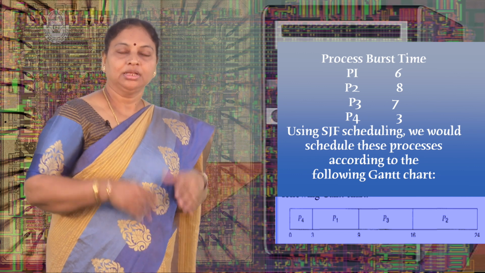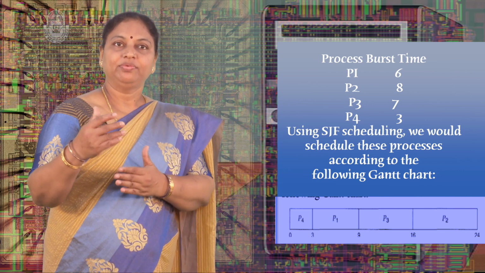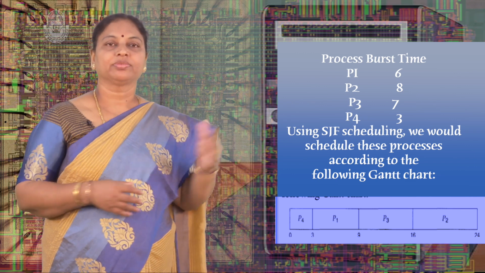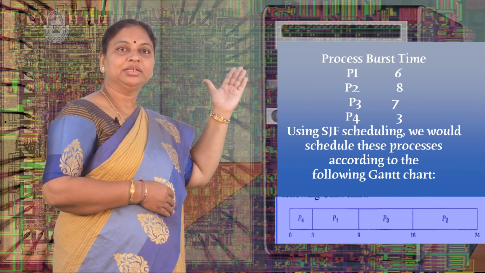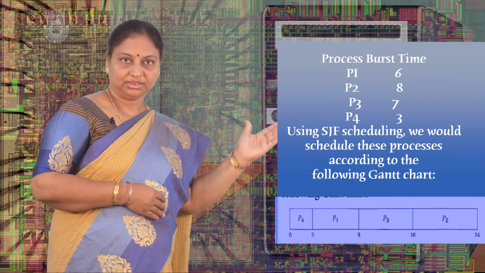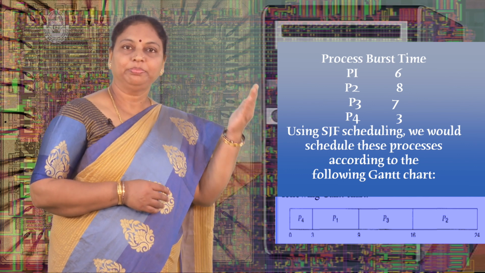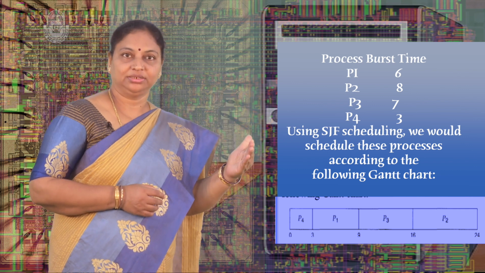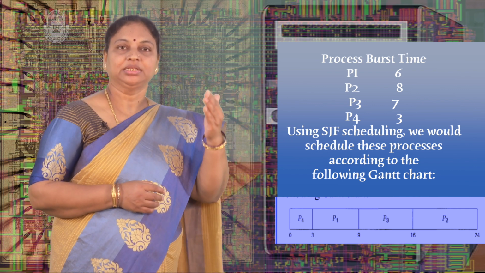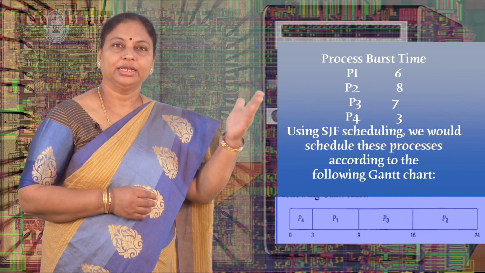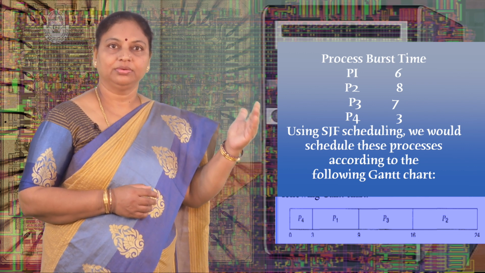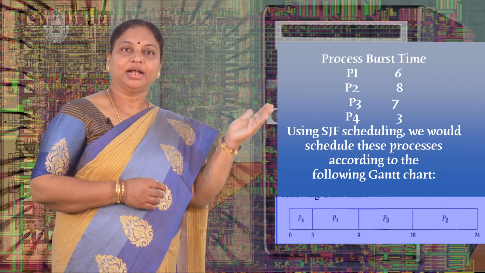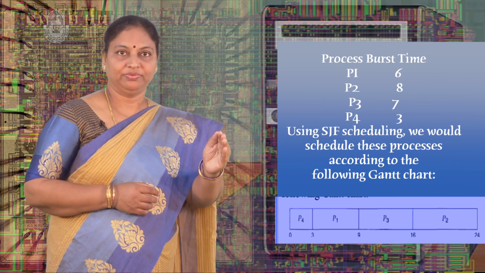Then what next? The remaining are P1, P2, P3 with the CPU burst time 6, 8, 7. Among P1, P2, P3 processes, the least CPU burst time is 6 required by P1. So now we are allocating CPU to P1.